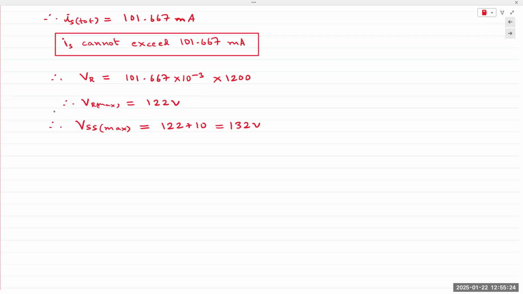So our final range is 12 volts and 132 volts.